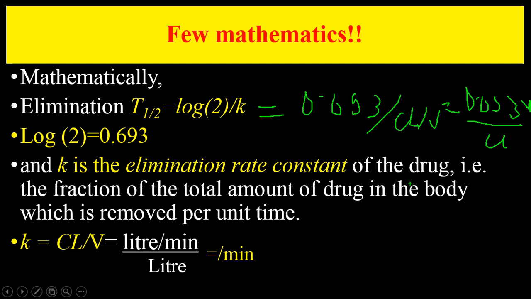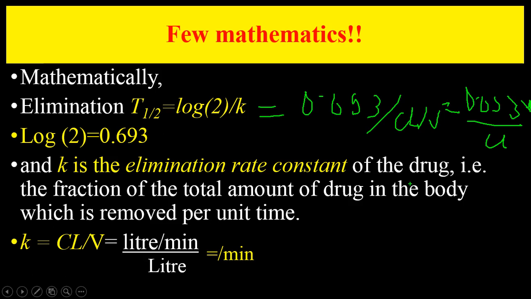I don't know how you remember this, but T half life is equal to 0.693 divided by K, and K is clearance divided by V. I often get confused regarding whether it is clearance or volume. I remember it in two ways. One way is that K has the unit per minute, so to get it per minute you have to put the clearance above and volume below.